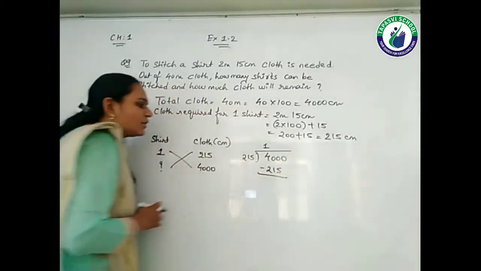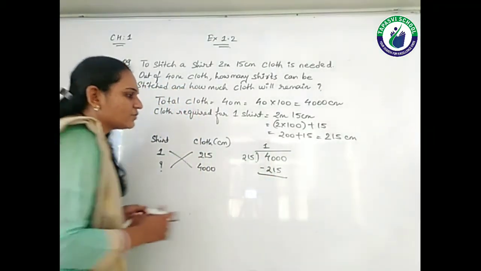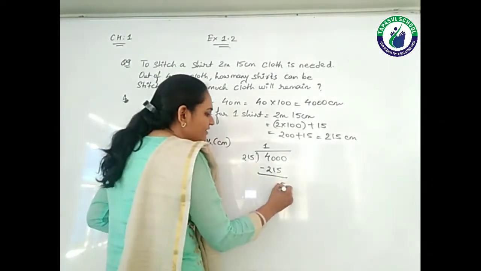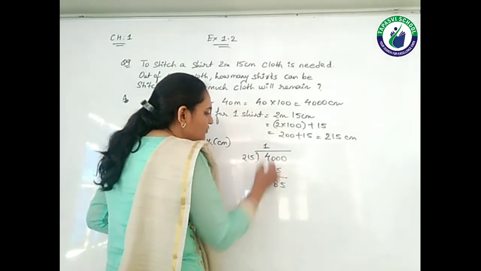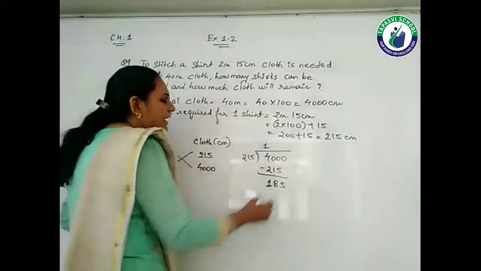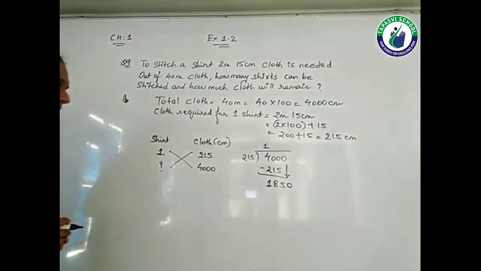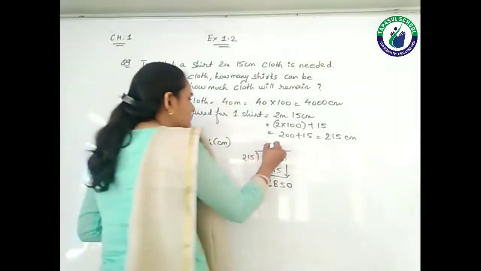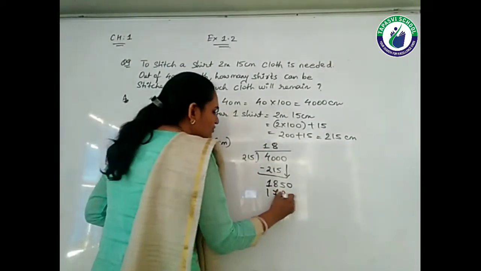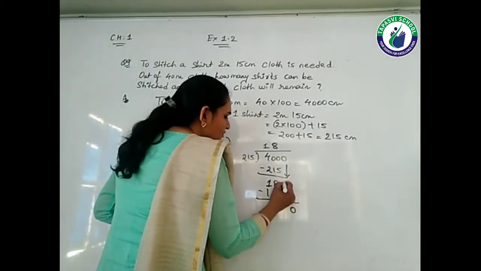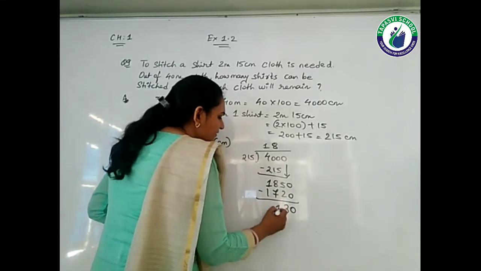If you subtract 400 and 215, what do you get? 10 minus 5 is 5, 9 minus 1 is 8, 3 minus 2 is 1, right? And bring down 0. So 215 8s are 1720. So 5 minus 2 is 3, 8 minus 7 is 1.